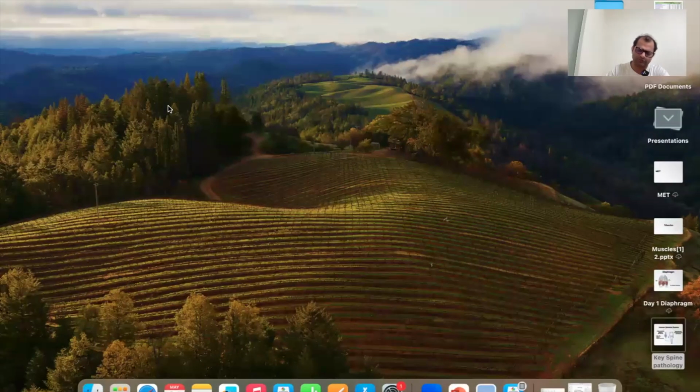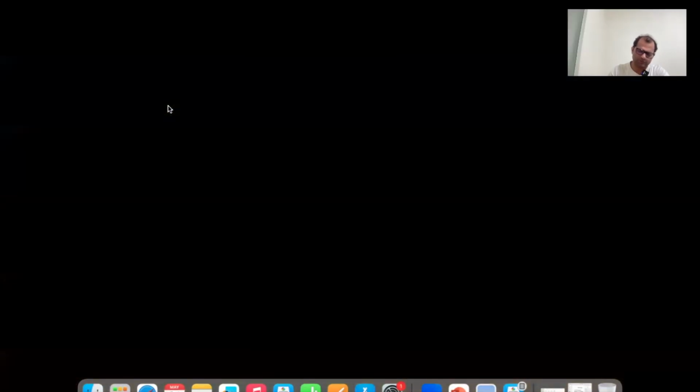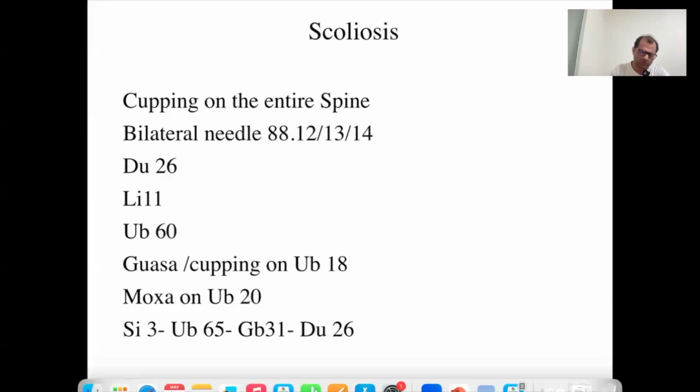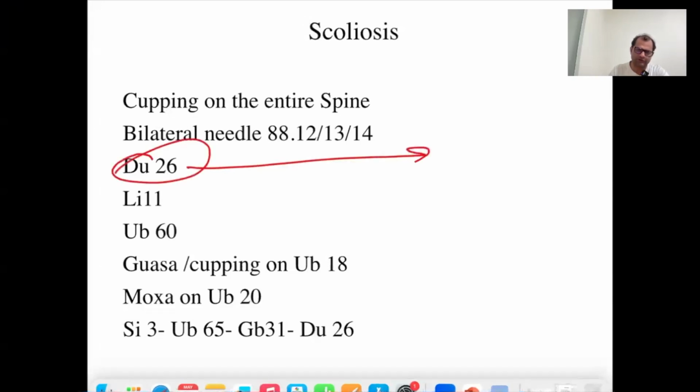The third point is the very good point, that is DU26. The DU26 is the very, very effective point, and it is the point of spine, especially cervical spine.